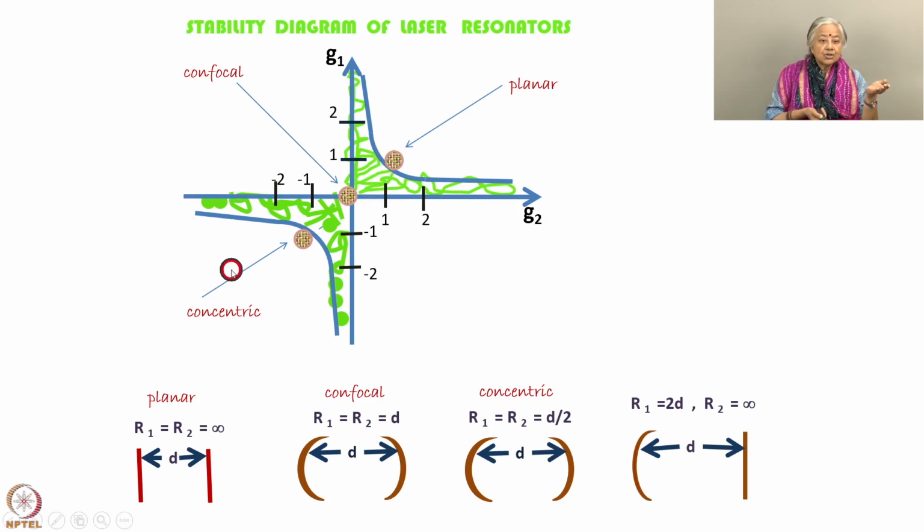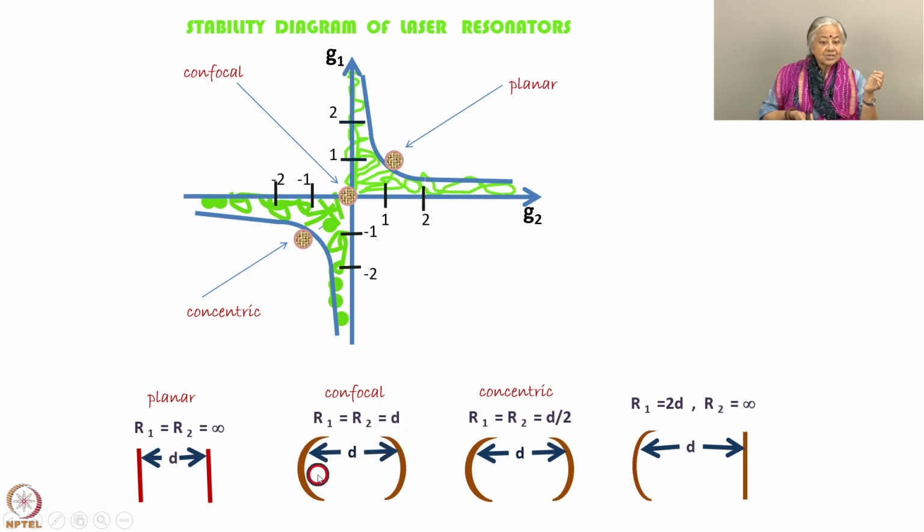Then you have the confocal resonator. What do I mean by confocal? Confocal is R1 and R2 equal to d. That means you have two concave mirrors with the lasing medium in between, the distance between them is d, and R1 and R2 are equal to d.